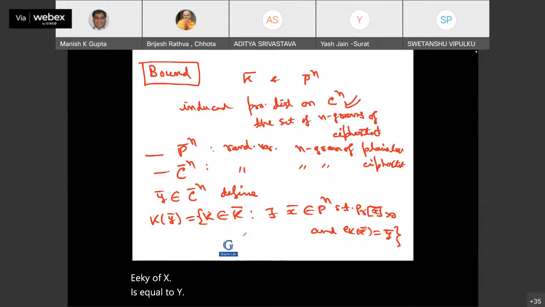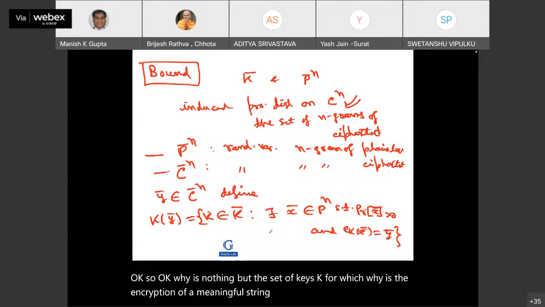Okay, so Ky is nothing but the set of keys k for which y is the encryption of a meaningful string of plain text of length n.